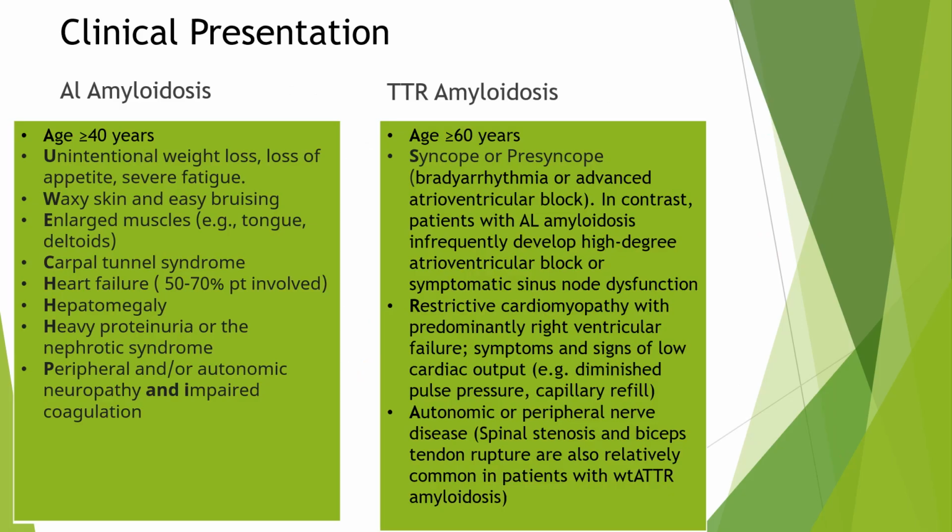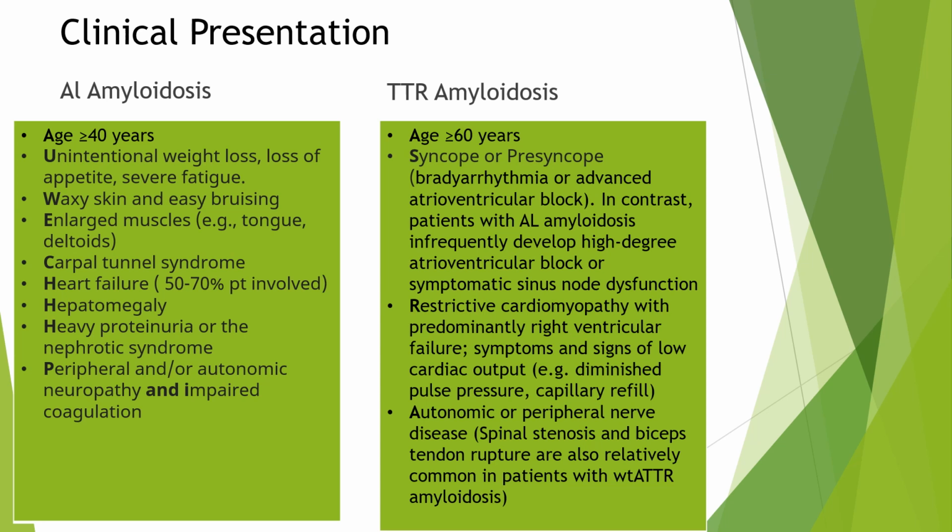Now we'll be talking about the clinical presentation of both AL amyloidosis and TTR amyloidosis. I will be differentiating both of these when it comes to their clinical features. AL amyloidosis normally comes up in an age group of more than or equal to 40 years. It comes up with various features of multi-organ involvement, and it presents with unintentional weight loss along with loss of appetite and fatigue.